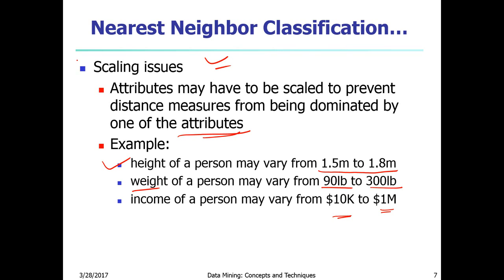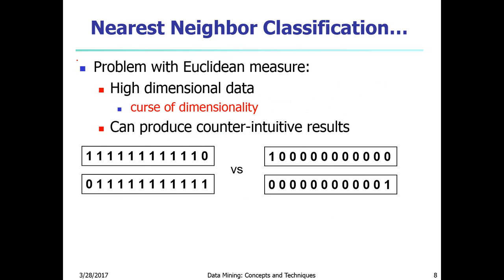That would give you dominance by one or a couple of attributes, and some attributes will not have any impact in your model, and that would be a problem. So it is always good to standardize and normalize.